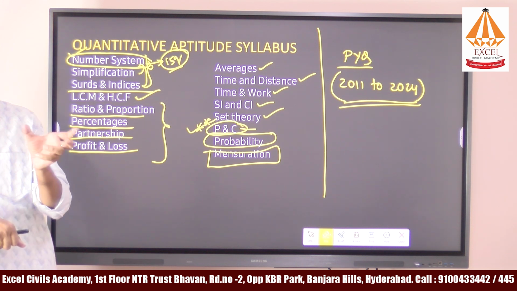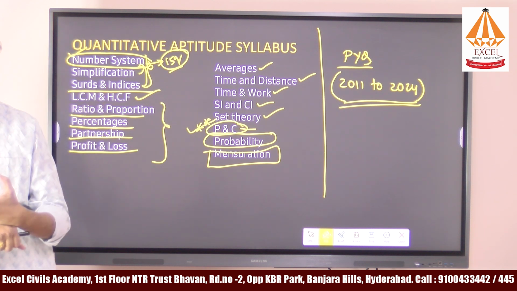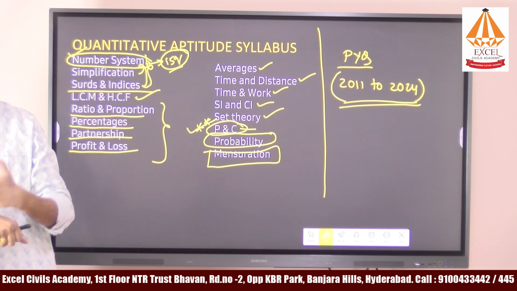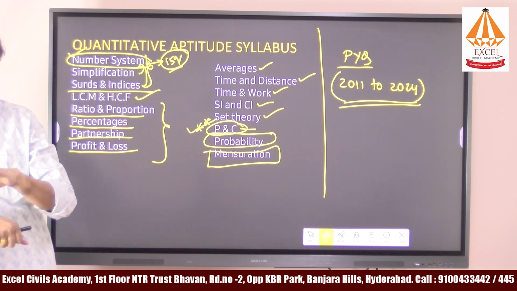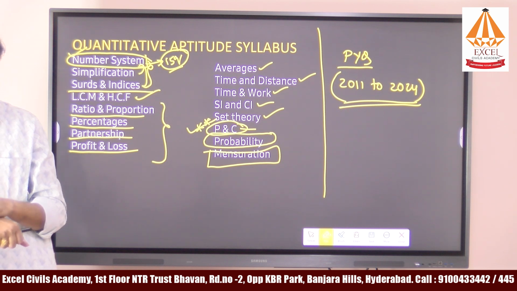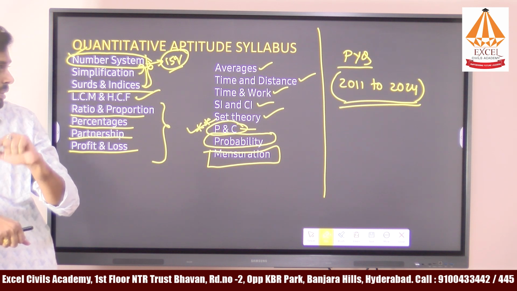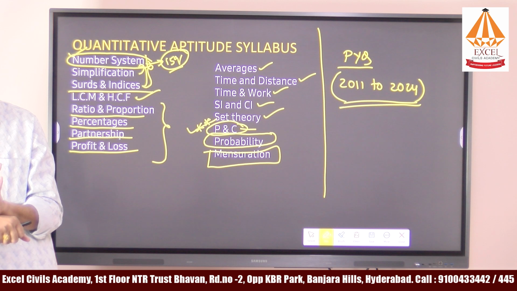Some problems, let's say you are finding out the factors, application related questions will be given. So what is the concept behind that particular problem? In that way, if you prepare from 2011 to 2024, you can easily qualify that CSAT paper.